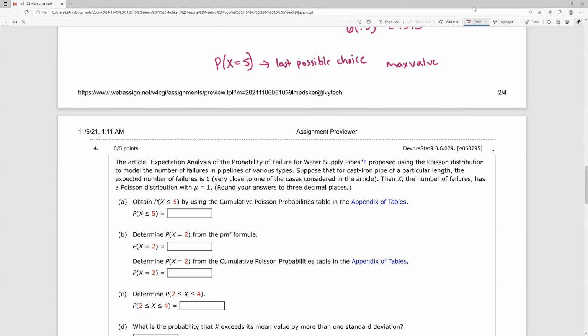We do need our probability distribution still to sum to 1. So we have to have the probability, and this one has a parameter mu, and it is going to be related to our mean. Excuse me, it's our expected value of our mean.